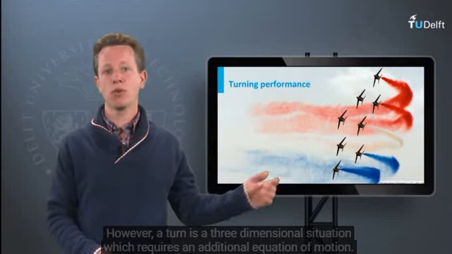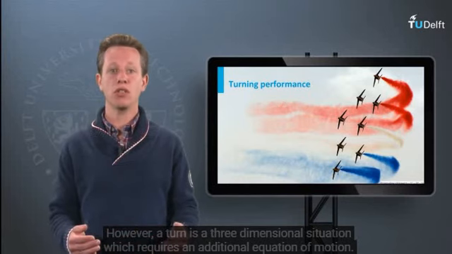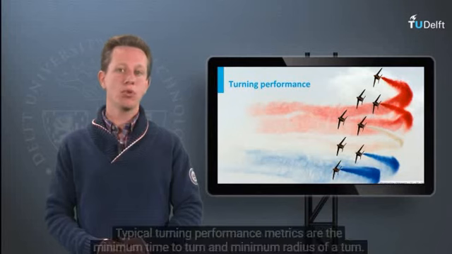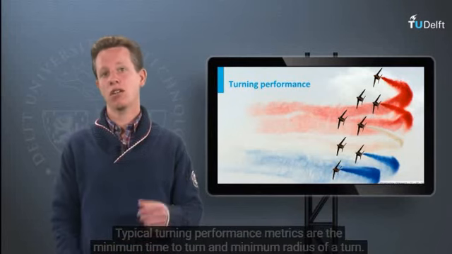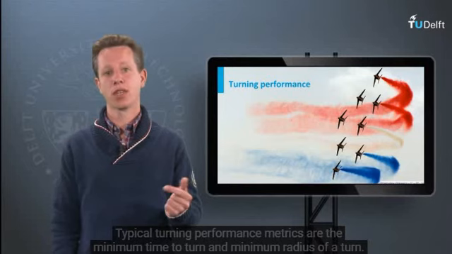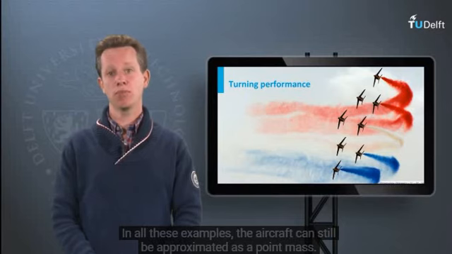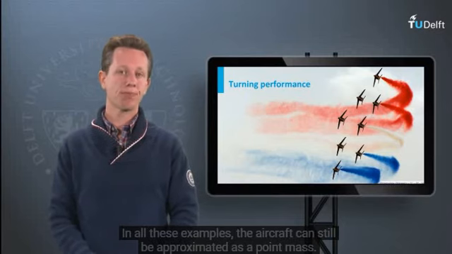However, a turn, of course, is a three-dimensional situation which requires an additional equation of motion. Typical turning performance metrics are the minimum time to turn and the minimum radius of a turn. And in all these examples, the aircraft can still be approximated as a point mass.